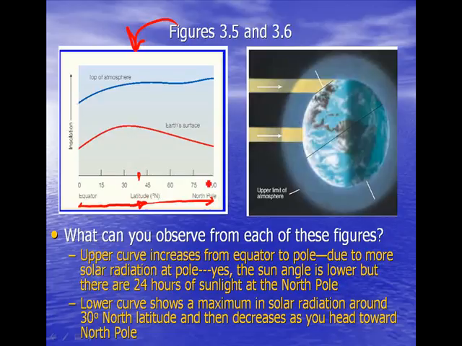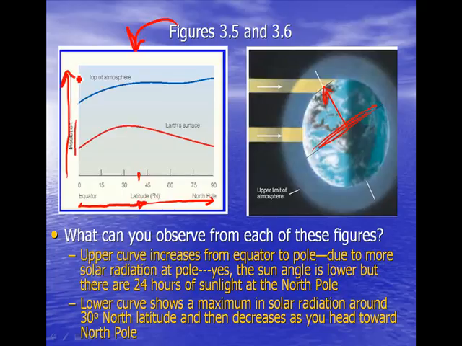So we're going from the equator, this region right here, on up to the North Pole. The y-axis is the insolation, or the amount of radiant energy, the short-wave radiation coming in from the sun. And so obviously as we go from bottom up to the top is what we're looking at in terms of insolation. We have two curves here.